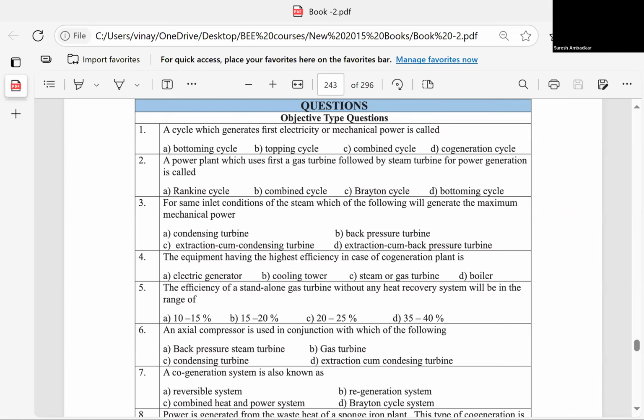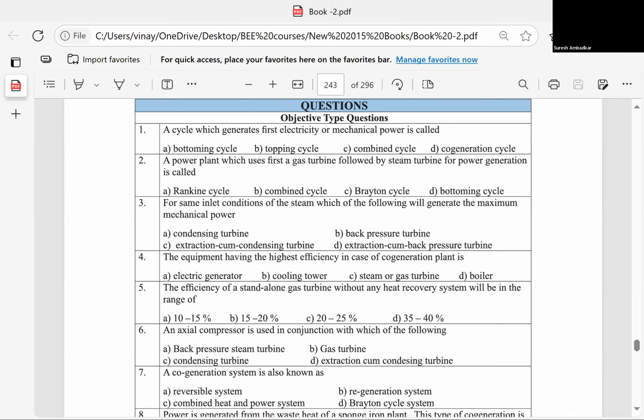Wherever the back pressure word comes, the electrical efficiency of such machines is less. The highly efficient turbine is the condensing turbine. That means the entire steam is used down to the last pressure point for generating power. So the answer is a condensing turbine here.